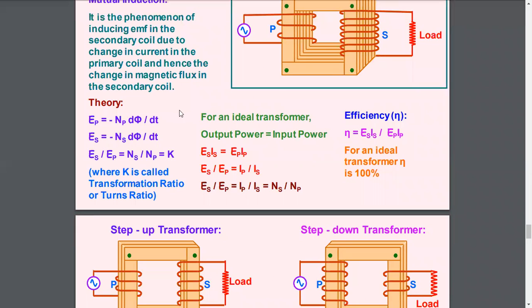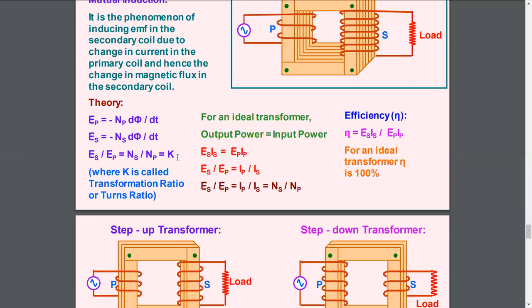So dividing these two expressions, we get ES to EP, that is the EMF induced in the secondary coil to that induced in the primary coil, is just equal to NS to NP equal to K, that is a constant.